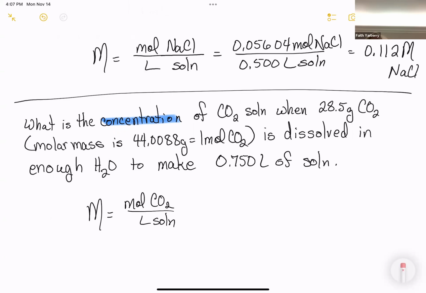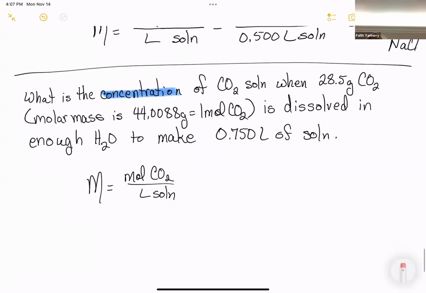There's a little less work to do in this particular problem. So moles of CO2.